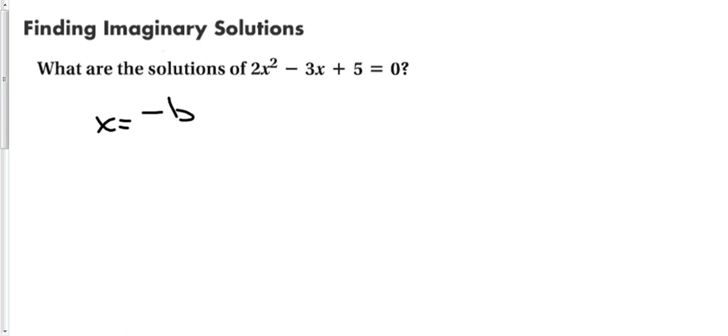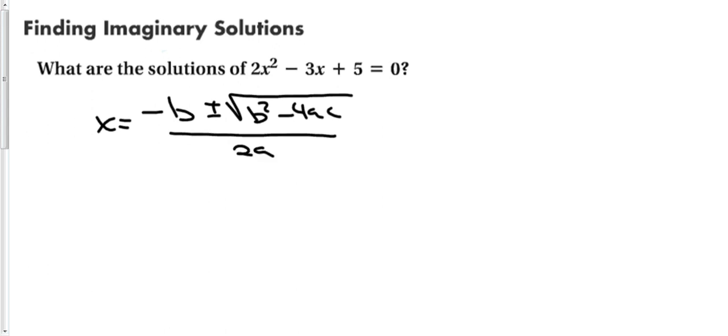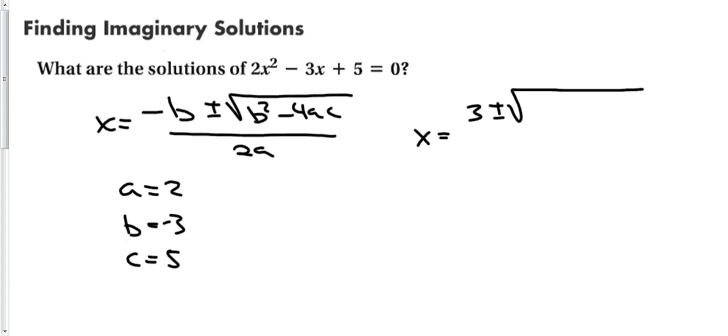x is going to be equal to negative b plus or minus the square root of b squared minus 4ac all over 2a. Okay? And a is going to be equal to 2, b is going to be equal to negative 3, and c is going to be equal to 5. Okay? So, plugging these numbers in, we have that x is going to be equal to 3, negative 3, plus or minus the square root of 9 minus 4 times 2 times 5 all over 4.